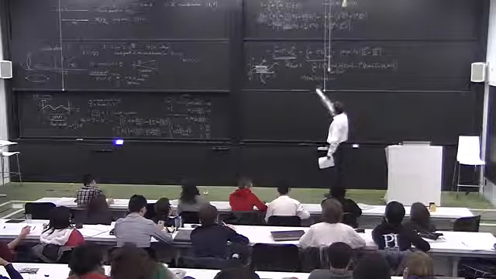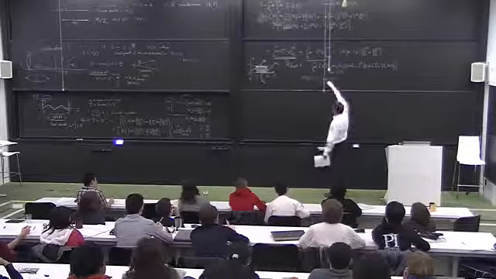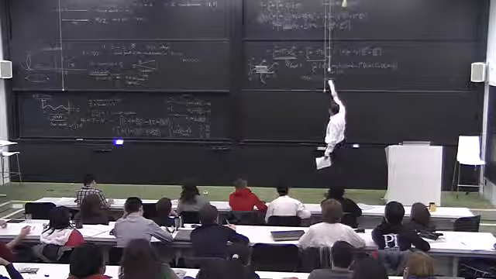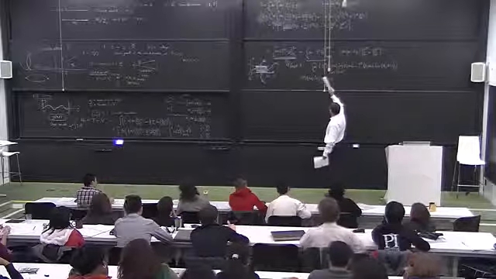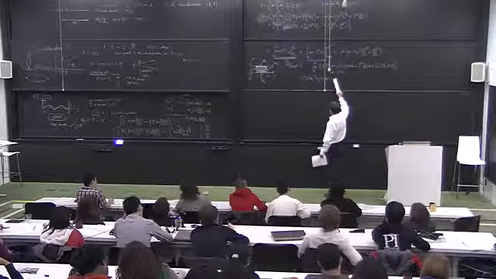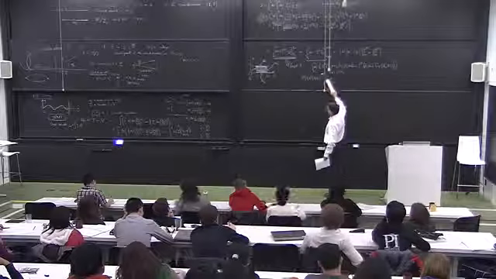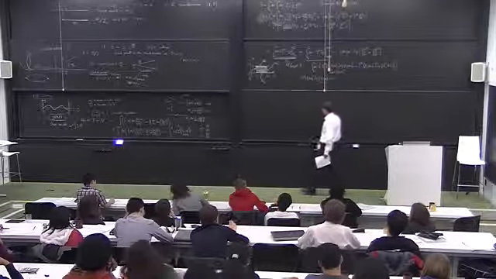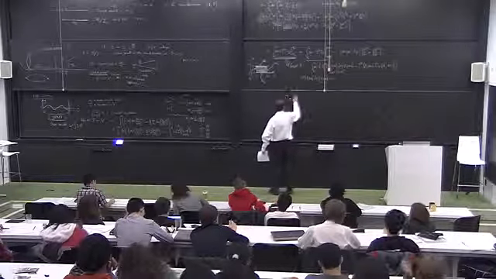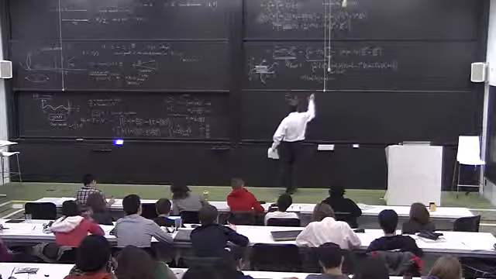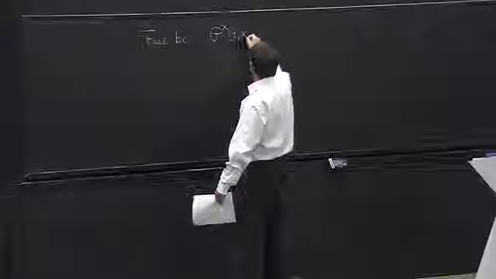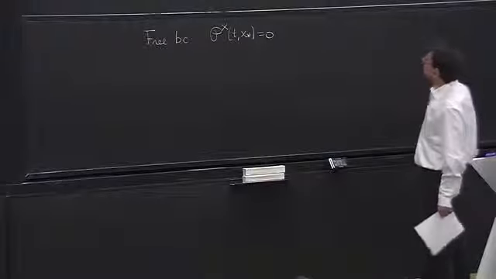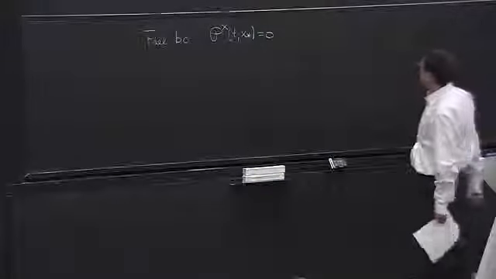Free means that I don't specify in any way how it's going to move or what value it's going to have. So free will mean that I manage to make the variation 0, not by stating how it moves, but rather by setting whatever that is to 0. So the free boundary condition is Px of t, x star equals 0. And you say, oh, okay, looks pretty abstract. But remember what Px is.